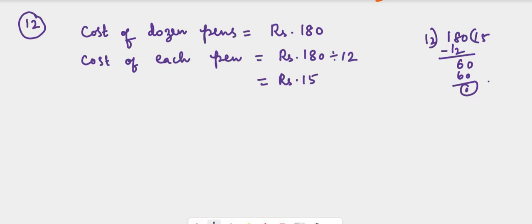Now cost of 8 ball pens is equal to rupees 56.